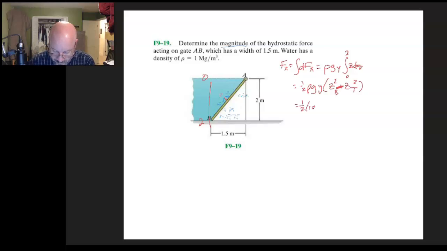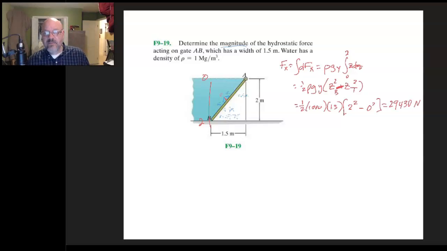We get one half times 1,000, and it's 1.5 wide. At the bottom, we're at 2. At the top, we're at 0. And so that gets us to 29,430, and that'll be newtons, just like that.